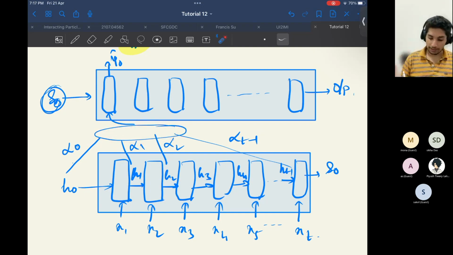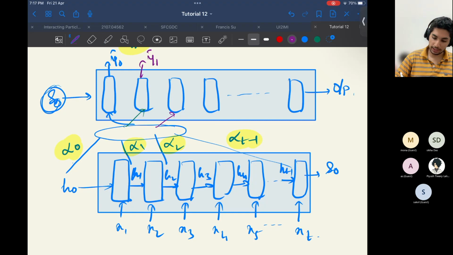I will give that weighted average as input to this first encoder model, the first time step RNN. Similarly, I will do that for the second time step, and similarly for the third time step here. For each time step, the values of alpha naught, alpha 1, alpha 2, alpha t minus 1 will change, depending upon which time step I am trying to predict.